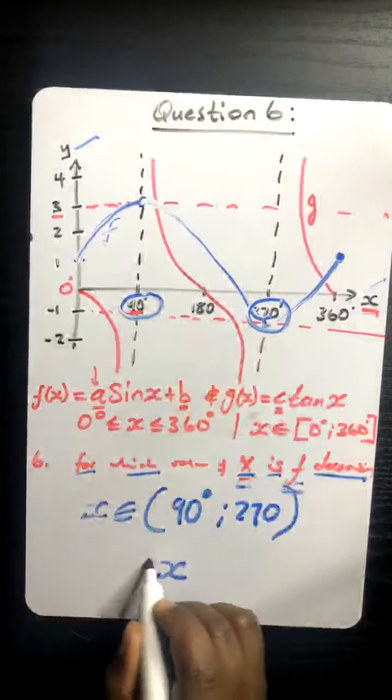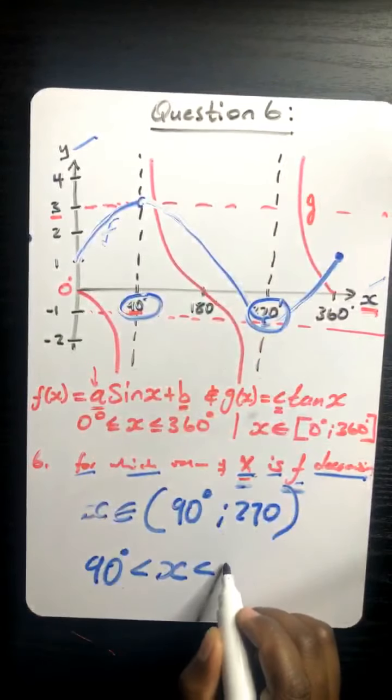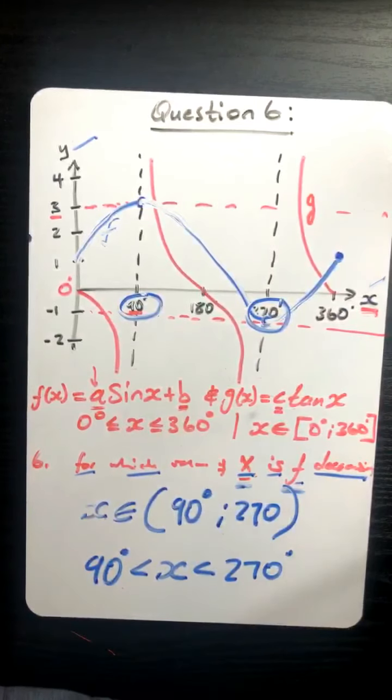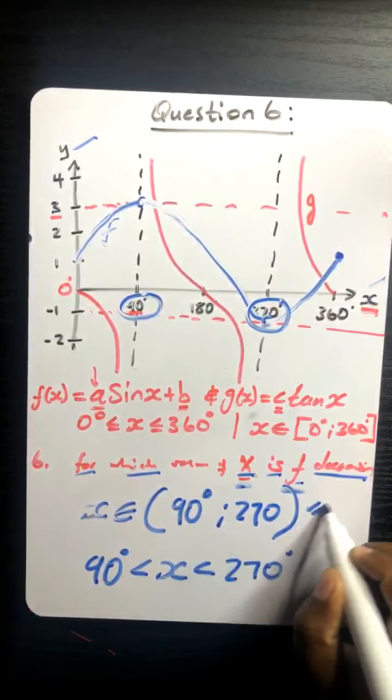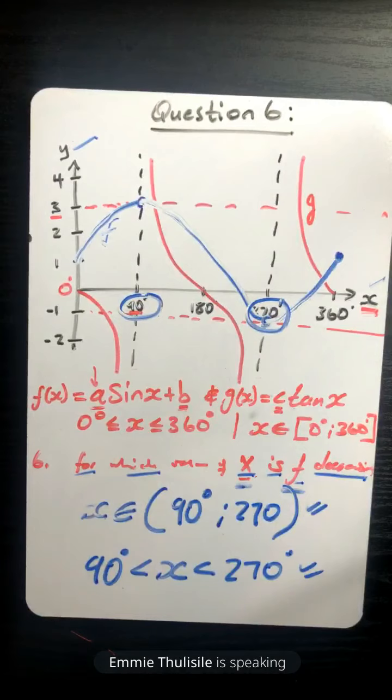So this is how you write it, between 90 and 270 degrees. Does it make sense, guys? This is how you score yourself 2 marks. Are you guys happy with that explanation? Is everyone happy there? Yes, sir.